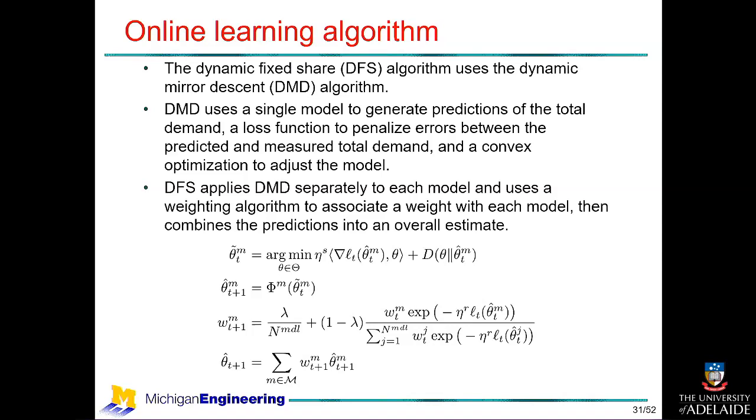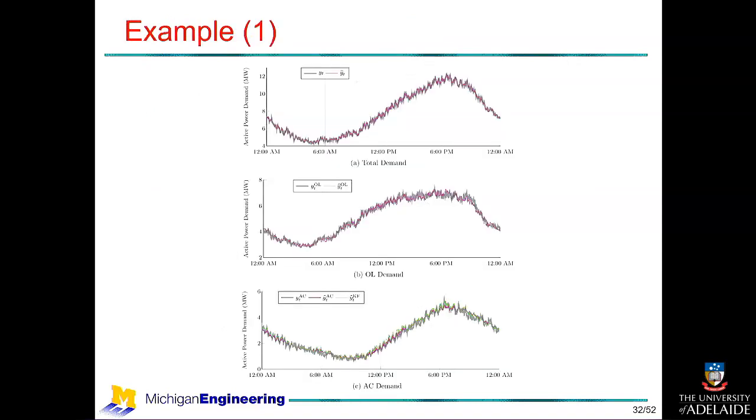For each model, it's determining a weighting, and then it's combining through the weights all of the model outcomes into a single model outcome at time t+1. So this process is dynamically adjusting the weights between the different models. And I'll show a figure of what that looks like.